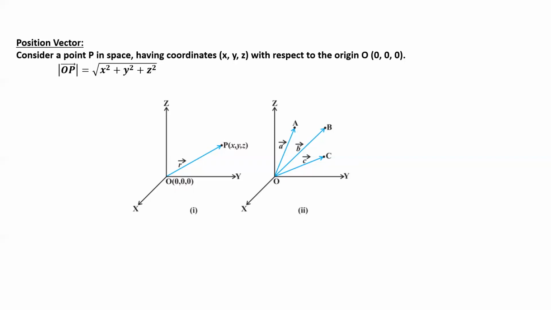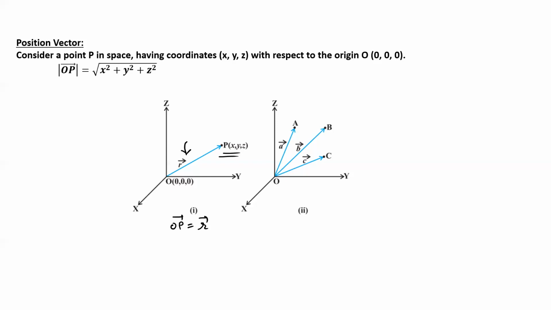So suppose the coordinate of P is x, y, z, and O is the origin. In this diagram, you can see OP is equal to R. The OP vector can be mentioned, or we can mention R vector also. Both are the same thing. But how do I find the distance between O and P?